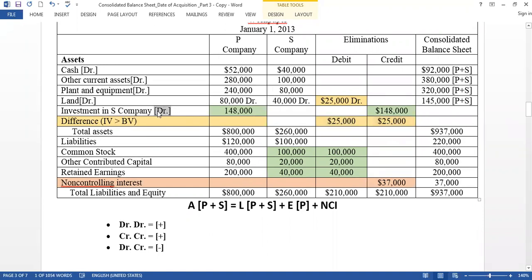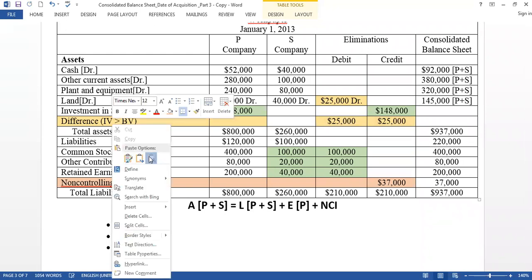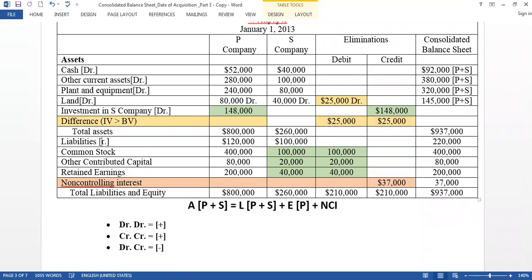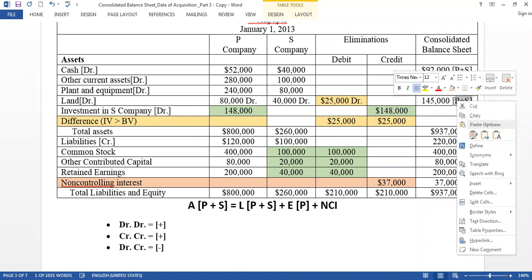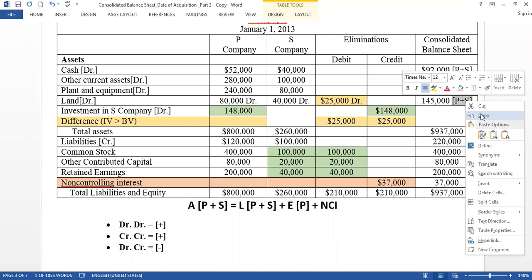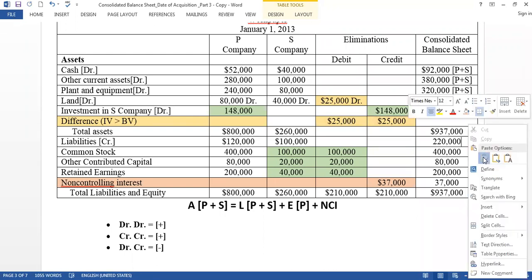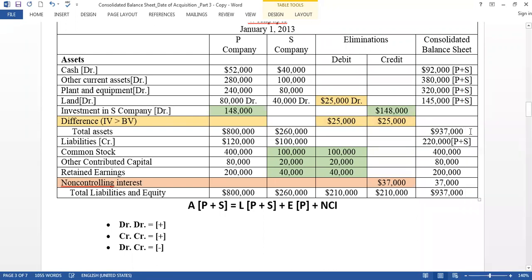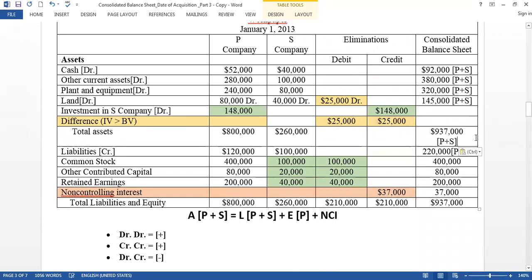Now for the liability, the same concept we are going to apply. Liability, credit. Then we have two credits, parent company and subsidiary, credit, credit, plus. So I believe you understand this.